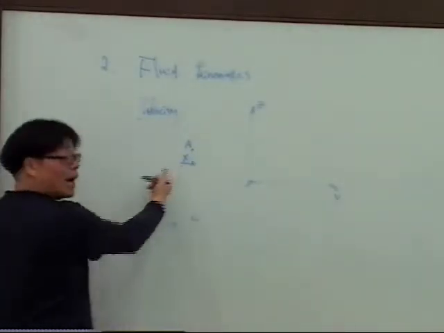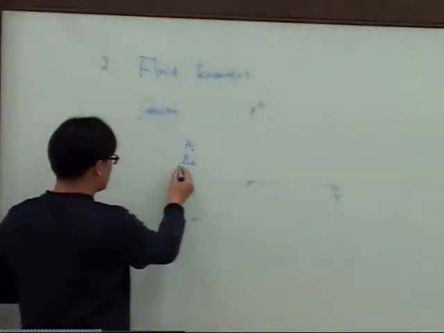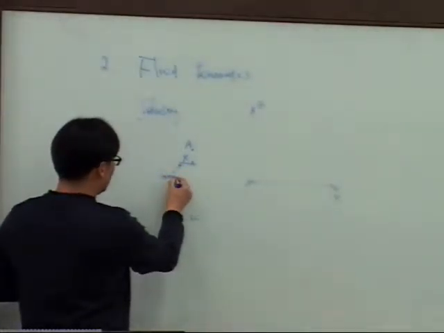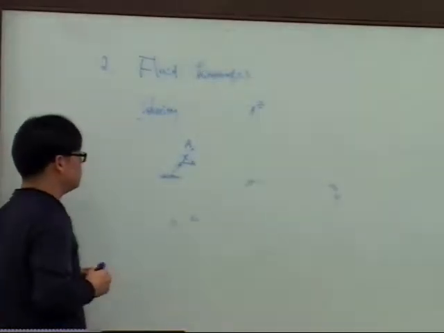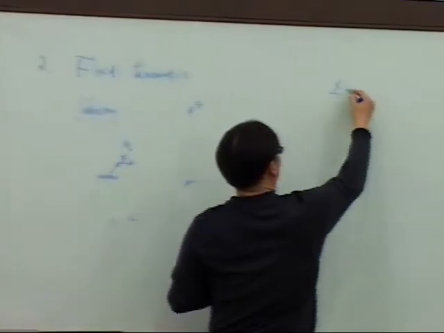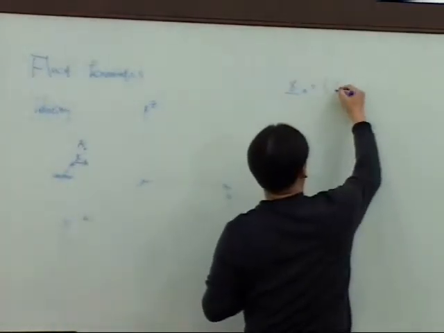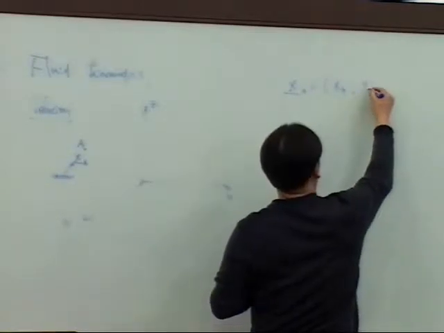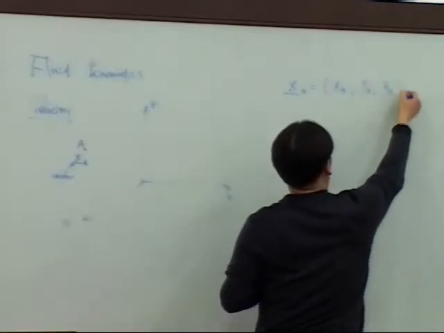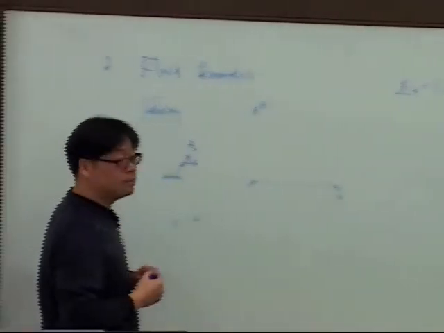When I put an underline, I am talking about a vector. Okay, so this is a vector. Meaning that when I put an underline, I have three components, right? That's what I mean by vector.